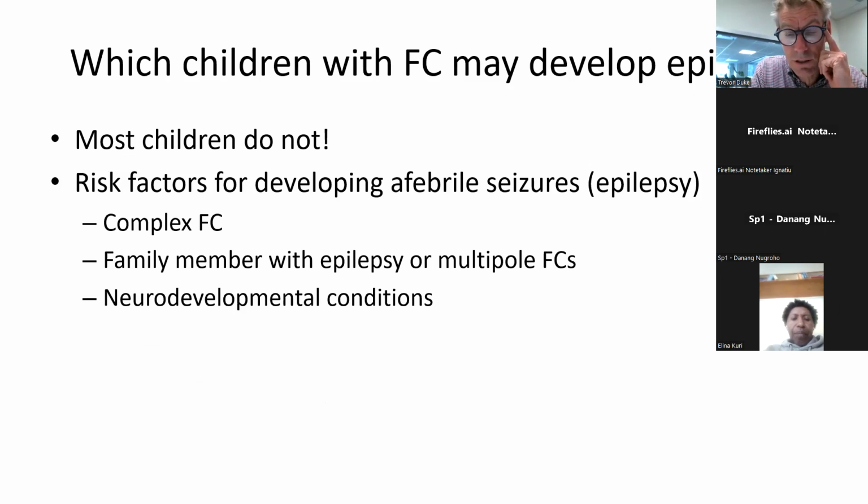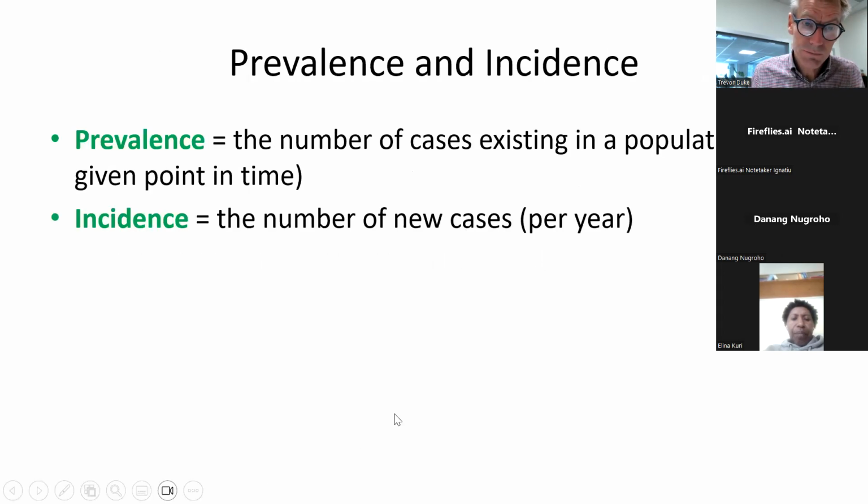If you see a child who has multiple complex febrile convulsions, or they have a family member with epilepsy or multiple febrile convulsions, or the child themselves has a neurodevelopmental problem like cerebral palsy, or another underlying developmental problem, then they're probably more likely to go on and develop epilepsy. It doesn't mean they will, but they're more likely to.